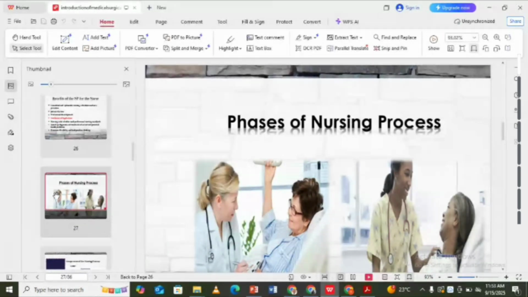Glorious Signorera, something about planning. Okay, planning refers to developing an individualized care plan based on the nursing diagnosis. Okay, that's great.